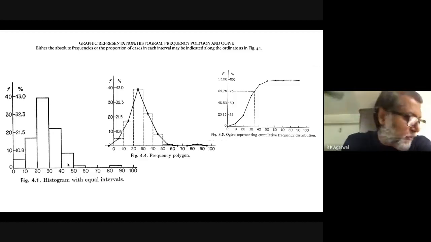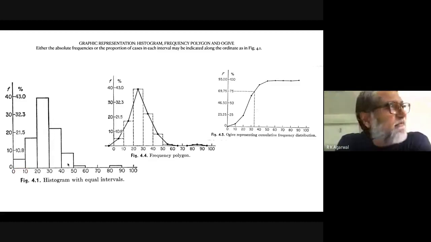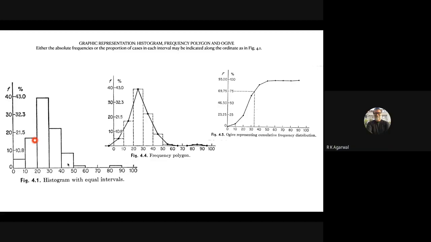Now what is that histogram? First, you have class from 0 to 10. Remember? 0 to 10. Have you written the data somewhere? Or shall I go back to the data? So 0 to 10, frequency was roughly 5. Between 10 but less than 20, the frequency is around 18 or 19.